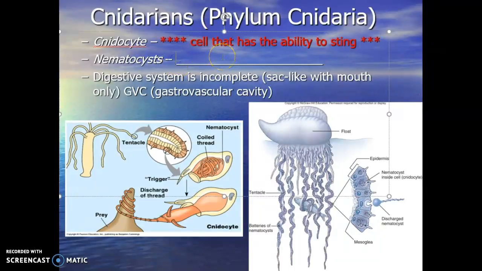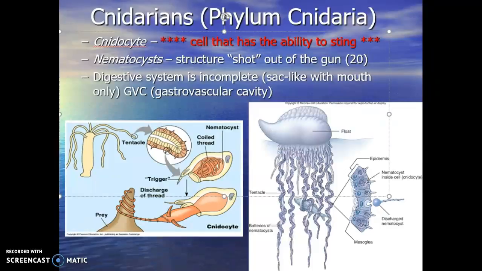So a gun is an easy way to think about it. That is the cnidocyte. The nematocyst is the structure, I'm going to put in quotes, shot out of the gun. So there's different things that can get discharged from these cnidocytes. The discharge structure is known as a nematocyst.